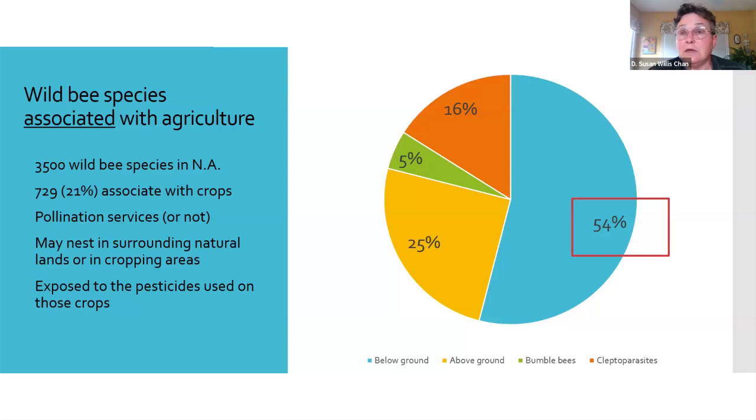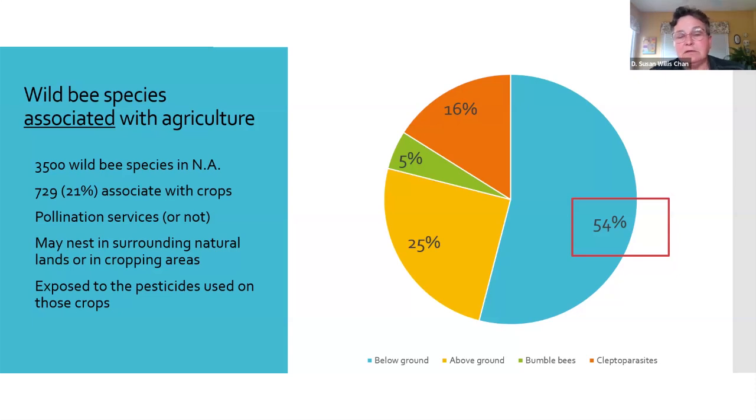These bees may be pollination services to crops, or they may not be. So in the case of bees associated with something like corn or green peppers or soybeans or cotton, there may not be pollination services involved, but it doesn't mean that the bees aren't associated with the crop.